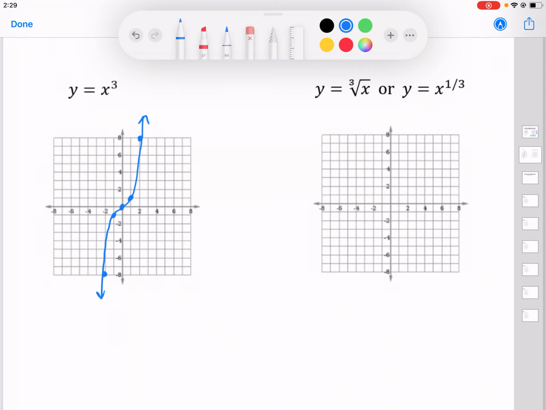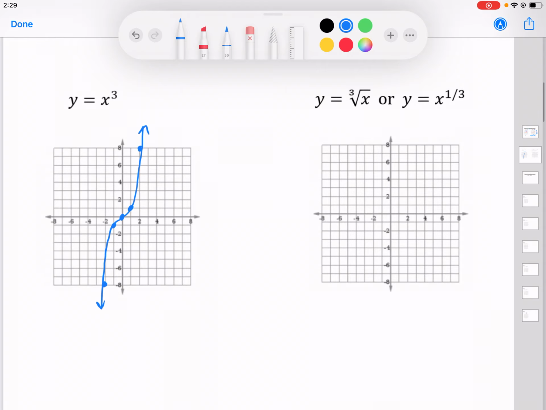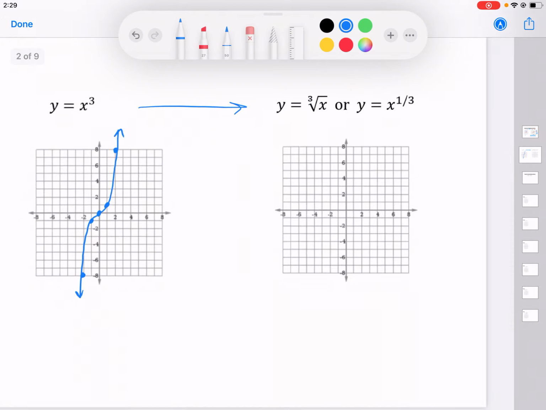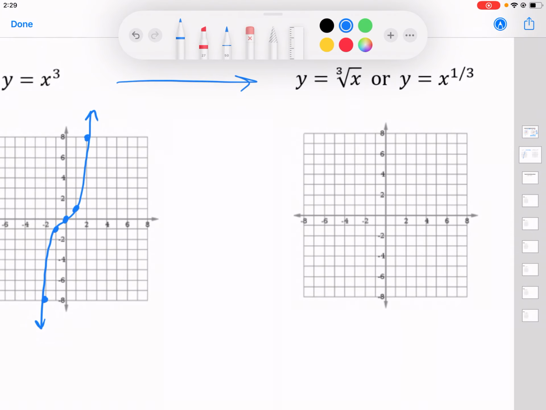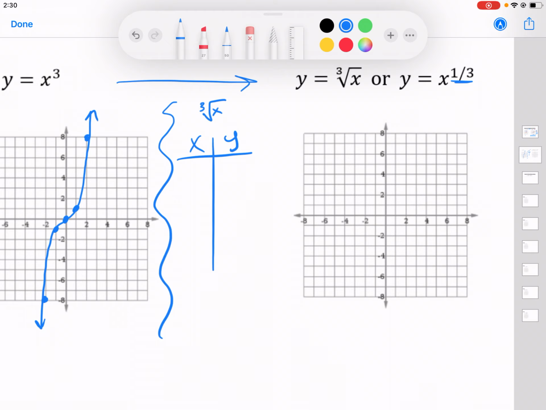So once again, cube root is the inverse. If you did a little table, actually let's do it right here. So this is the table for the cube root of x, which like the last one, if you see the problem raised to the 1/3 power, it means the same thing as doing the cube root of x.